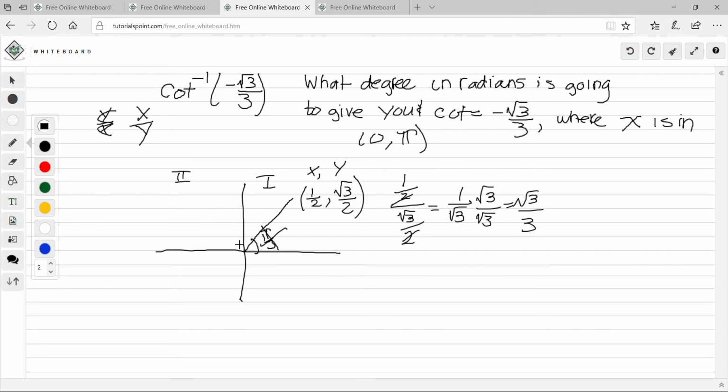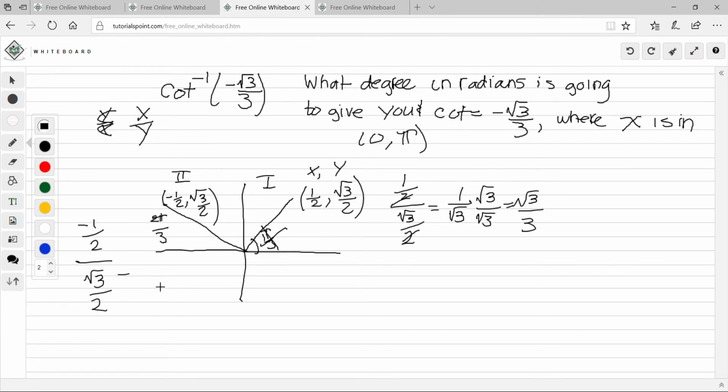Let's try 2 pi over 3. So this is 2 pi over 3, and that has a coordinate of negative 1/2, comma root 3 over 2. And if you take the cotangent of that, it would be negative 1/2 divided by root 3 over 2.